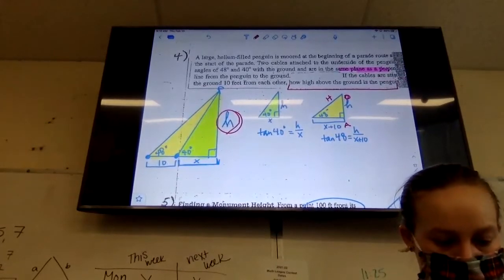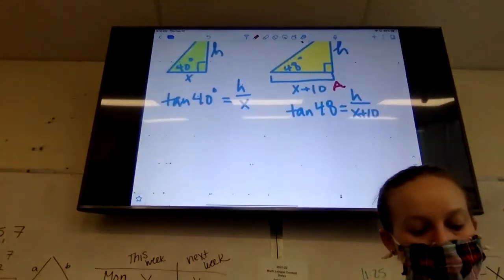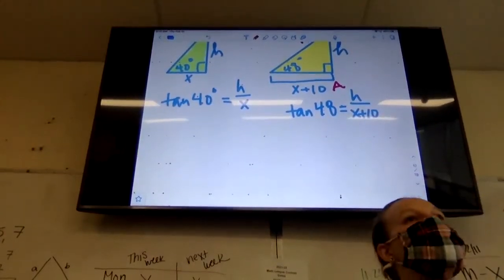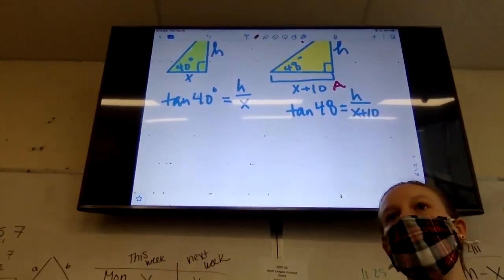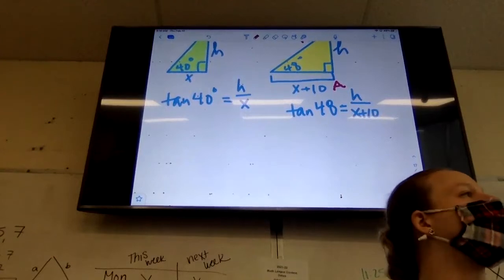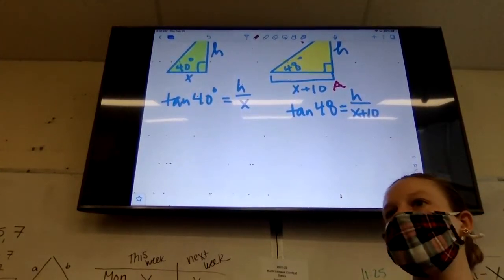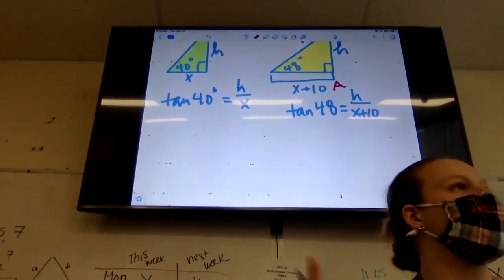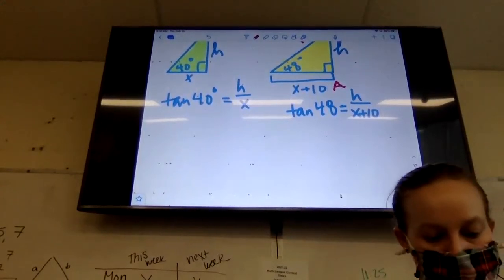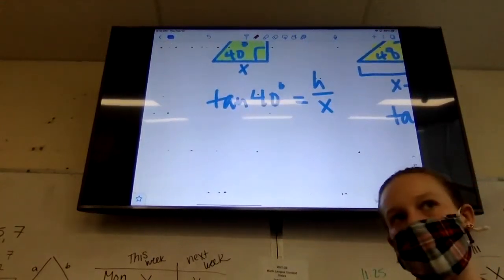Okay. All right. Now we are going to simplify, and we're going to do some substitution. So I've got 2 equations, and both of them have H and X in them. If I solve for one of my variables, I can then substitute or plug that into my next one. So let's look at the first one. This one only has H's and X's.